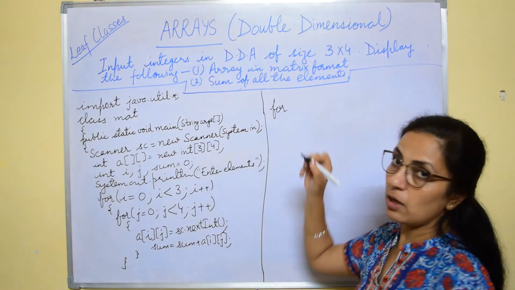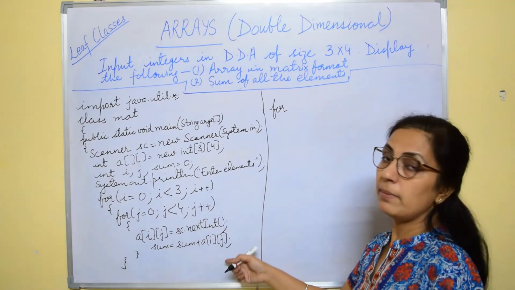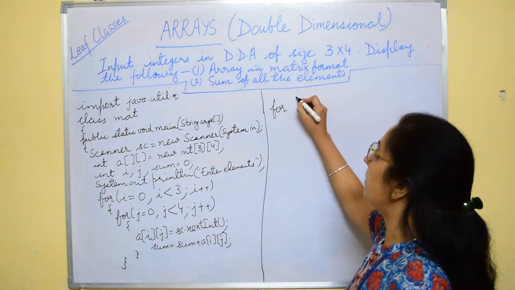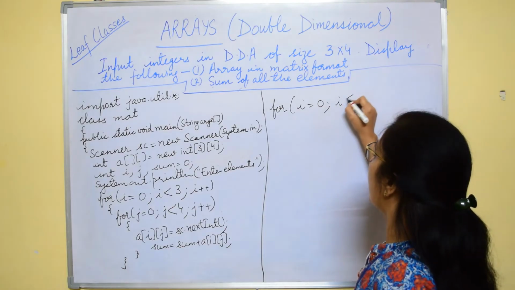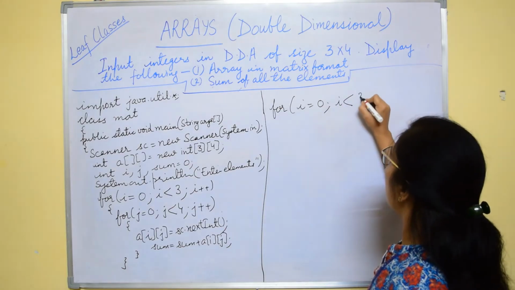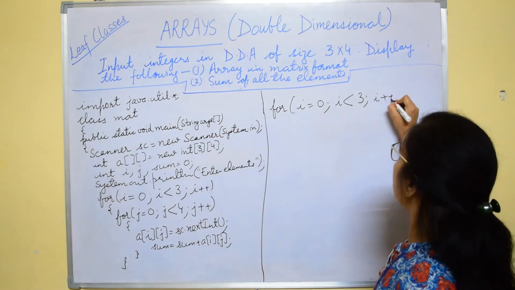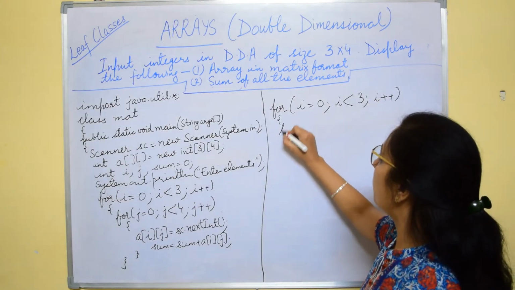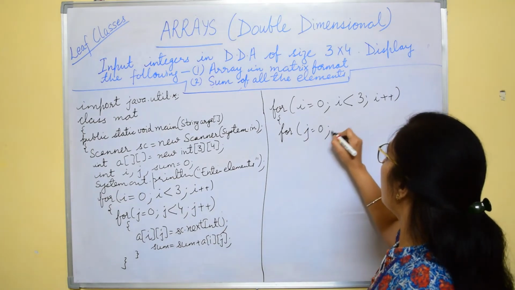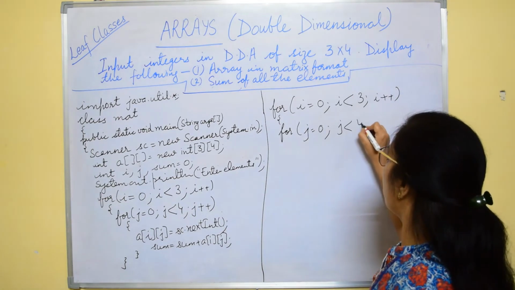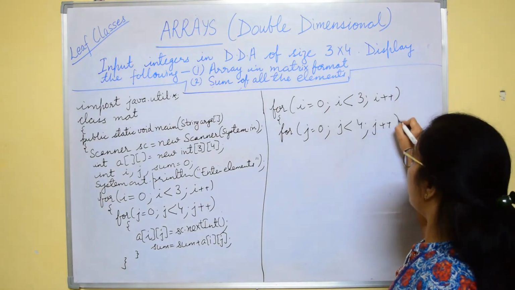Matrix format क्या होता है? rows और columns का format, और उसी पैटर्न में हम इनपुट भी करते हैं array elements को. तो यहाँ पर भी वही लूप चलेगा. i equals to 0, i less than 3, 3 rows are there, i plus plus, then you have for j equals to 0, j less than 4, 4 columns are there, j plus plus.